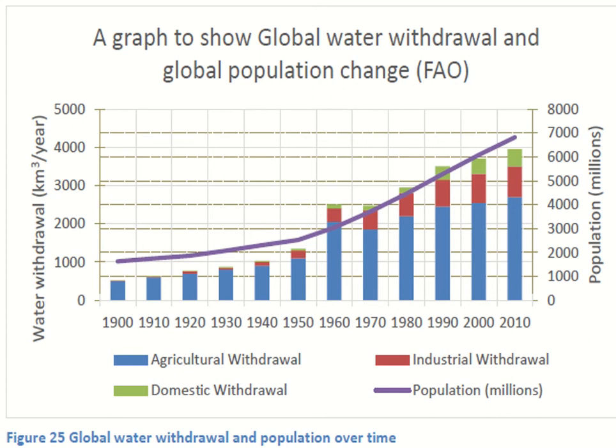So if you look at the graph, the little purple line here is showing the world's population, starting down here at 1 billion in the year 1900, right through up to nearly 7 billion in 2010. And these compound bar charts are also showing how the amount of water is changing.